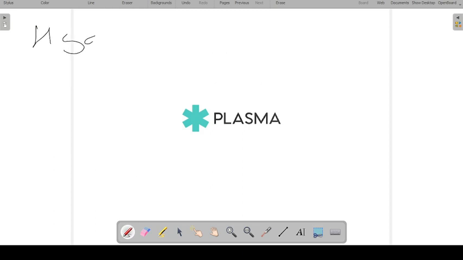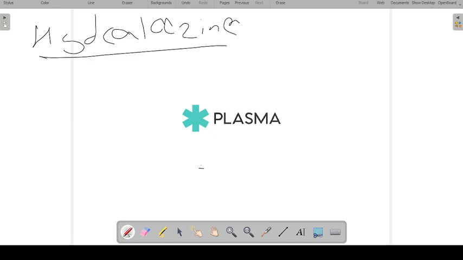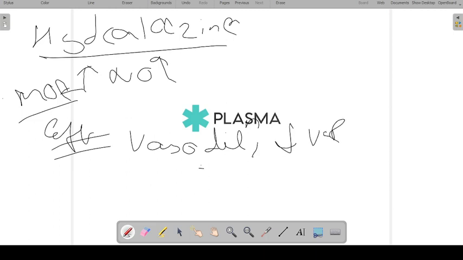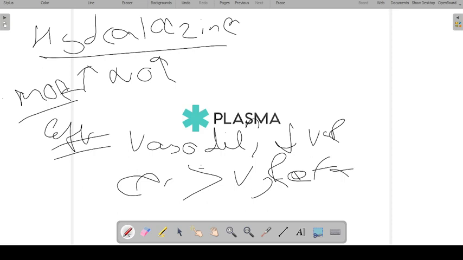Now next, hydralazine. It causes nitric oxide release. This is the mechanism of action, and its effect is that it causes vasodilatation. It reduces vascular resistance, and arterioles are more sensitive than veins. It produces reflex tachycardia.